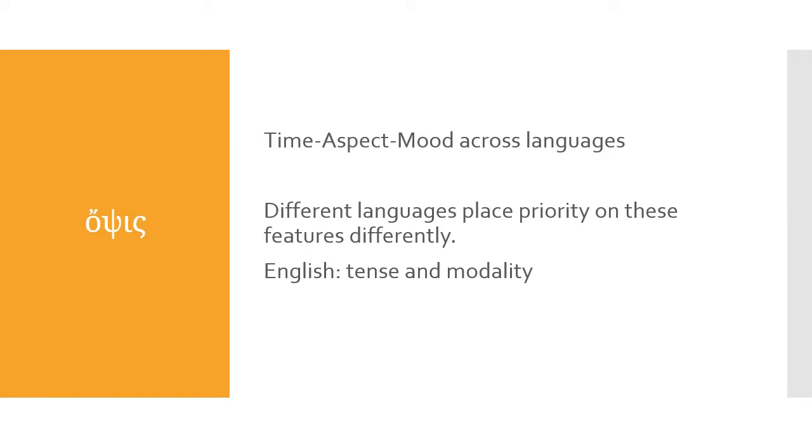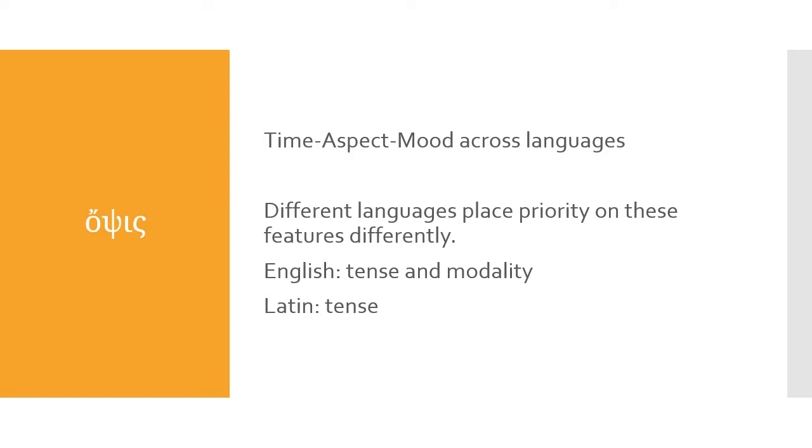In English, for example, tense is generally speaking obligatory. You must refer to the time of the action. You can't get away from that. We have two main morphological tenses, past and non-past, and then we have a range of modal and auxiliary verbs which play an important role in the way English portrays actions.